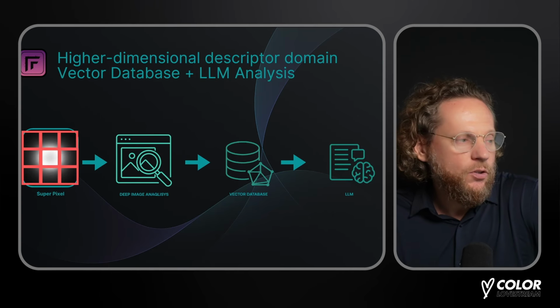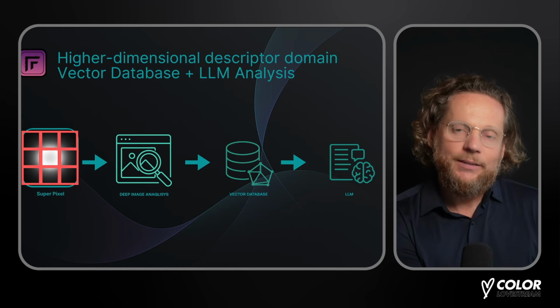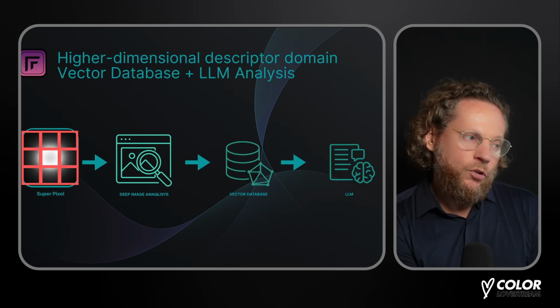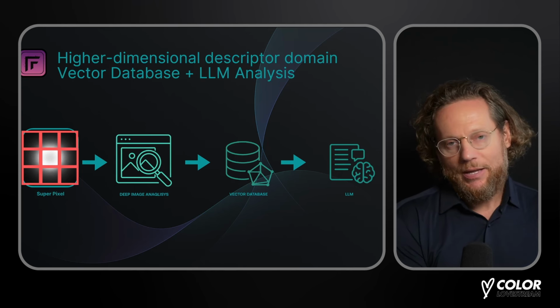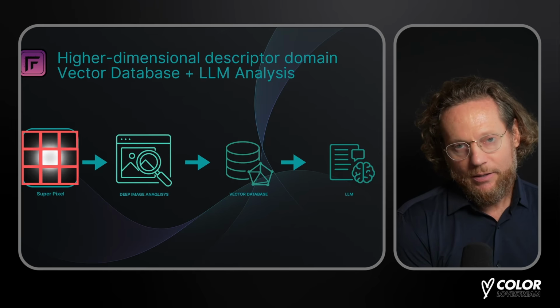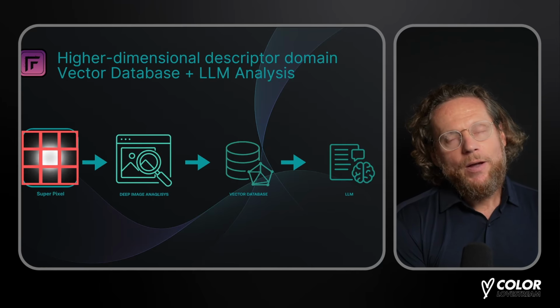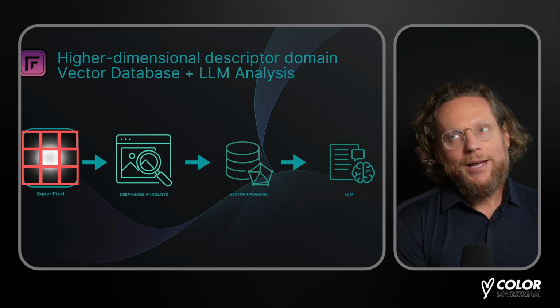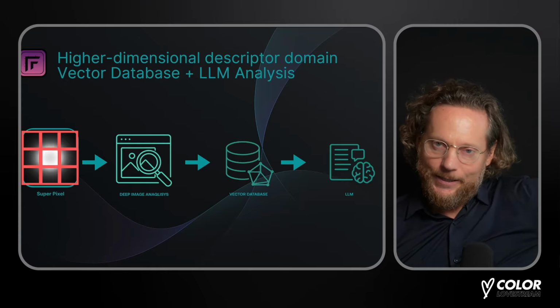So what we decided to do is take these superpixels and do a deep image analysis, and we're going to see exactly what it means and everything that we're going to do with every single superpixel. However, what we're going to end up with after this analysis is a huge amount of data.